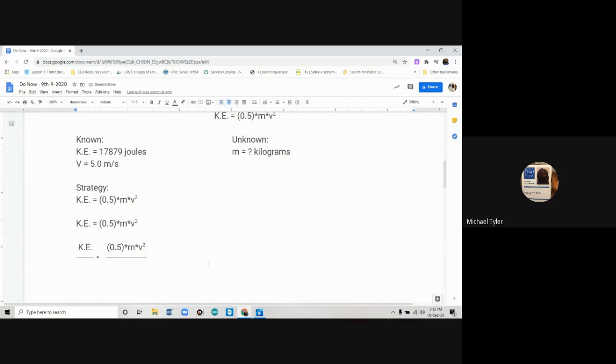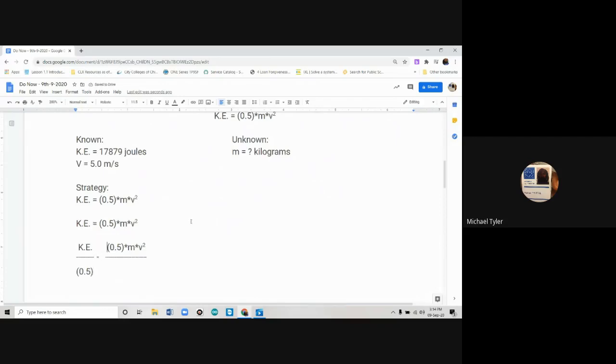All right, so come down one. Then we're going to divide this by what we don't want. What we don't want is this 0.5 and that velocity squared, because remember, we're solving for our mass here. So I'm going to take this 0.5, which is the half in the equation, if you don't remember, and put it here.